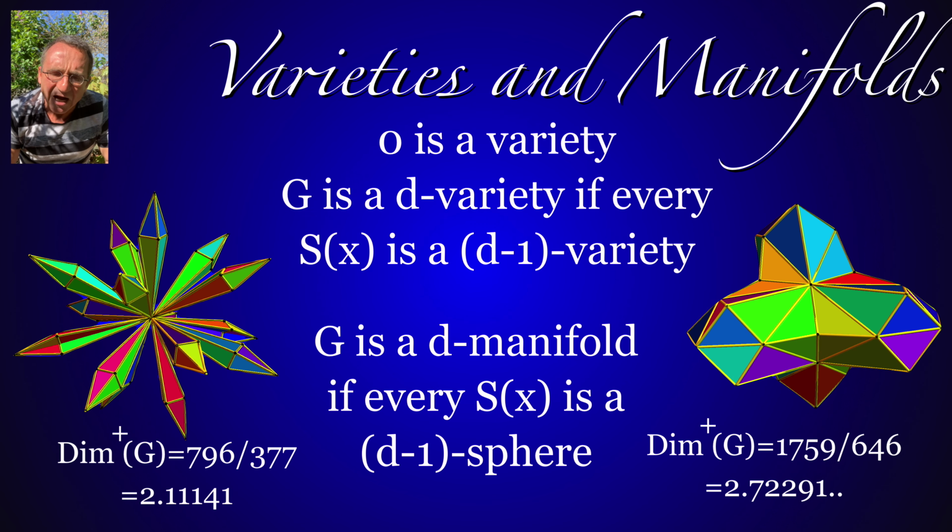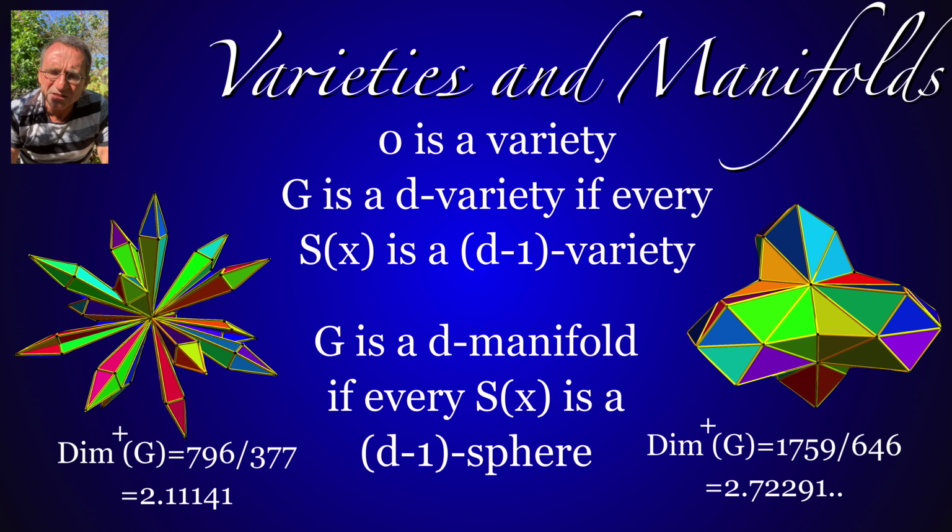For varieties or discrete manifolds, the inductive dimension is not very interesting because for a d-variety it's just d. A d-variety is a complex for which every unit sphere is a (d minus 1)-variety, and the inductive dimension is then d. Also the maximal dimension is d.